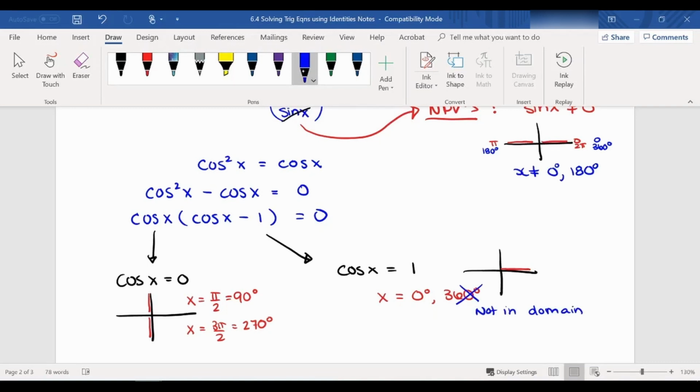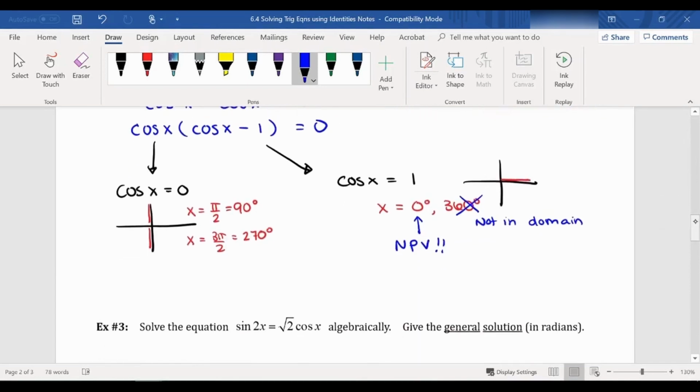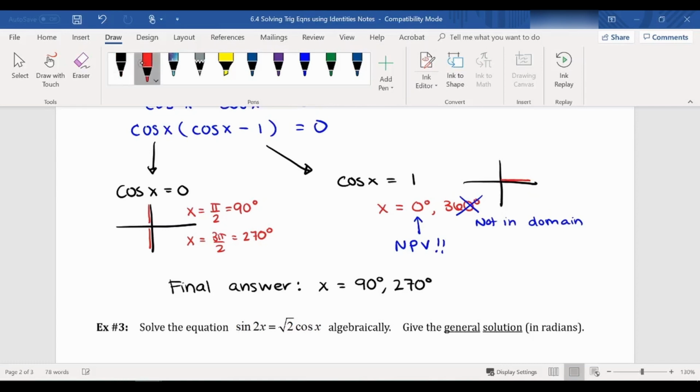And we're not going to include 0 degrees because this is a non-permissible value. So this one's not included, which means our final answer is just that x is equal to 90 degrees or 270 degrees. So we didn't actually get to keep any of our answers from our second factor there.